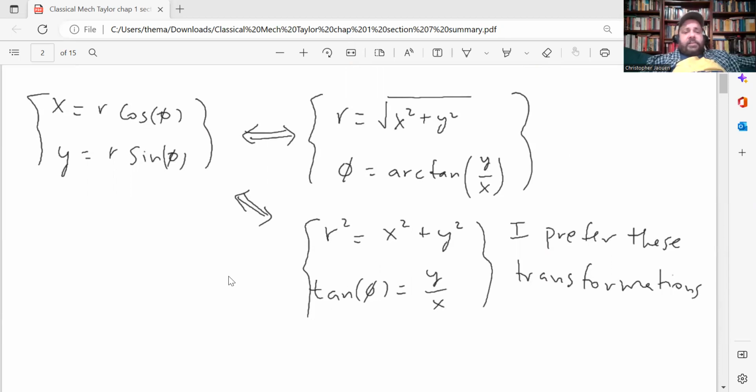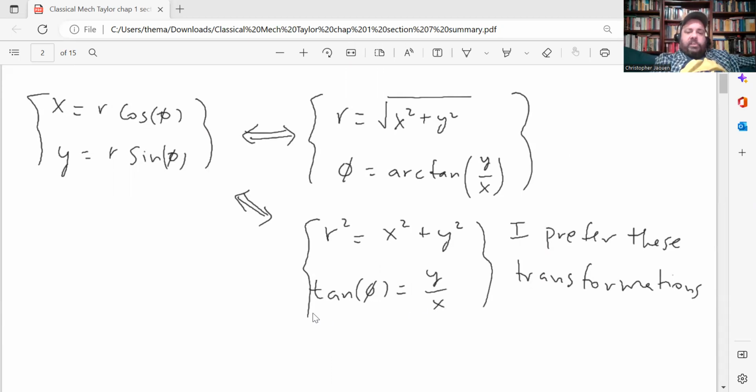And the reason for that is r can be positive or negative in polar coordinates. So here, in the first batch of transformations, this is specifying that r is positive or 0. And also arctan of y over x can't give you the quadrantal angles pi over 2 or 3 pi over 2, or coterminal angles with it, nor can it give you any angles in quadrant 2 or 3, because the range of the arctangent, if you remember from trigonometry, is restricted to negative pi over 2 to pi over 2, not inclusive.